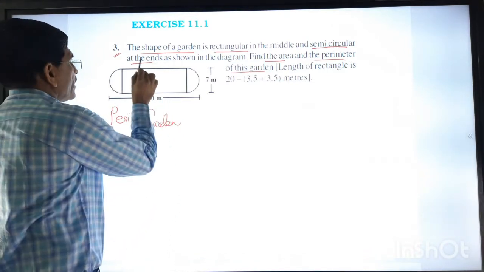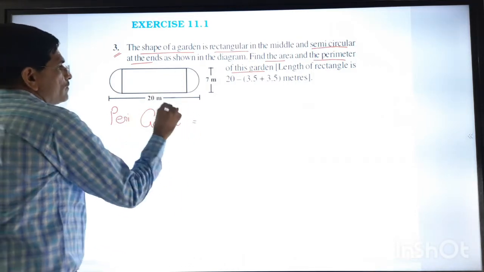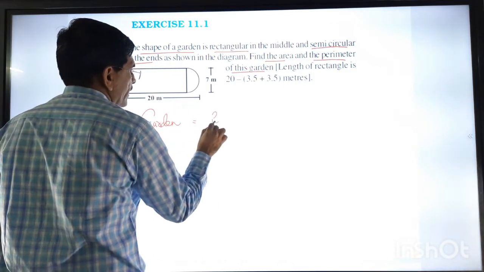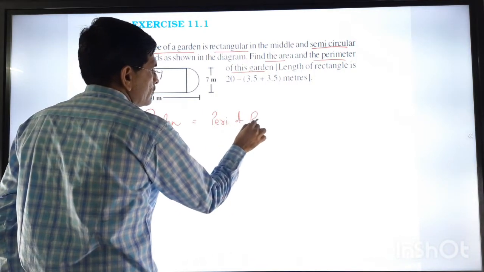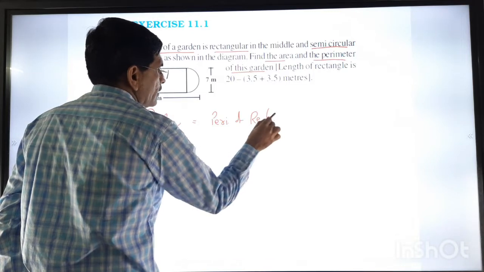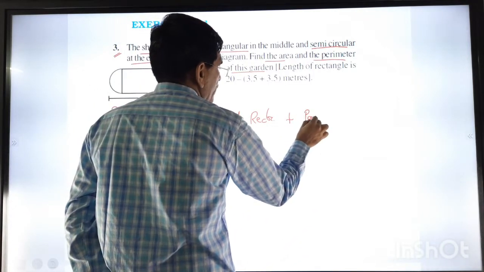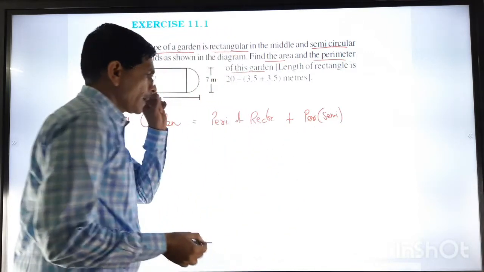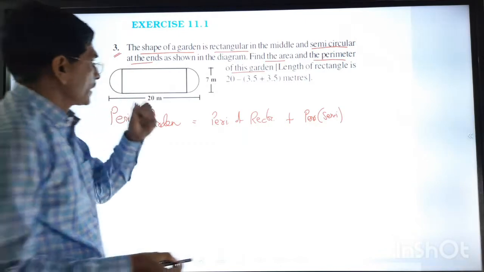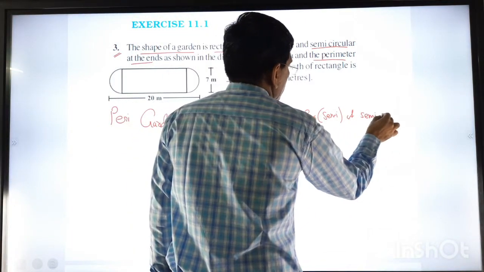First I want to find the perimeter of the rectangle, plus the semi perimeter of the circle, the perimeter of the semicircle.